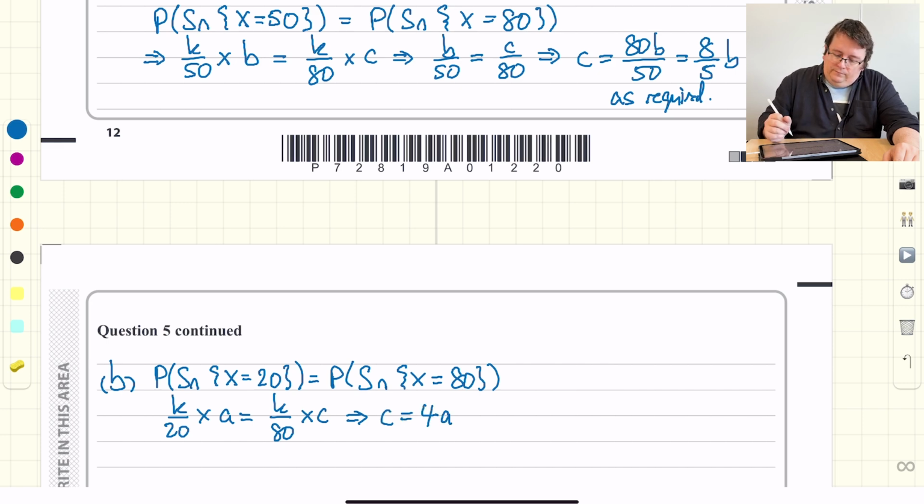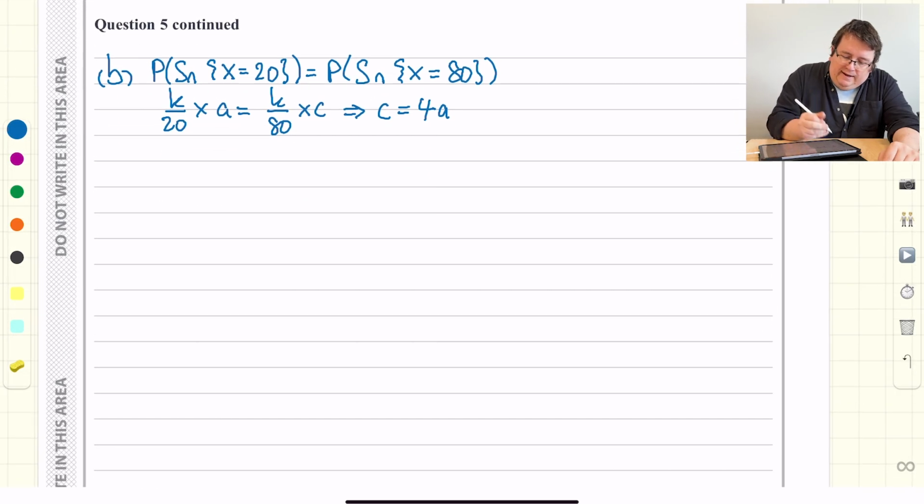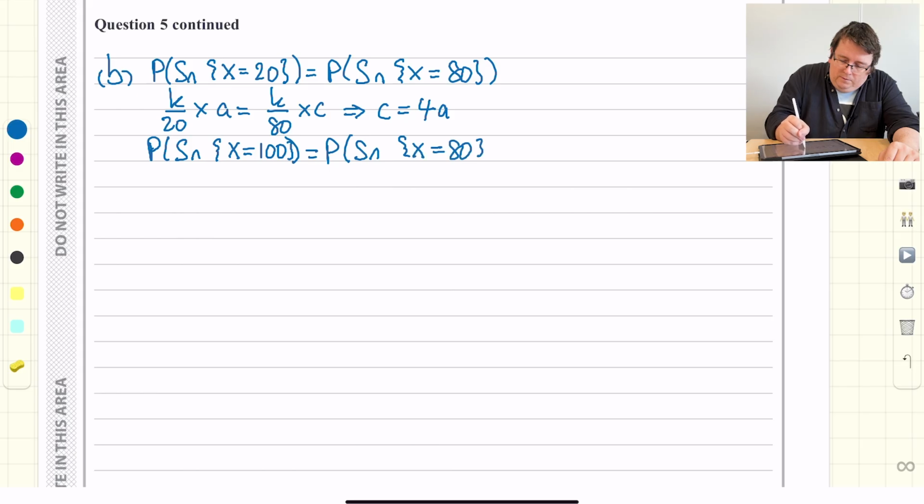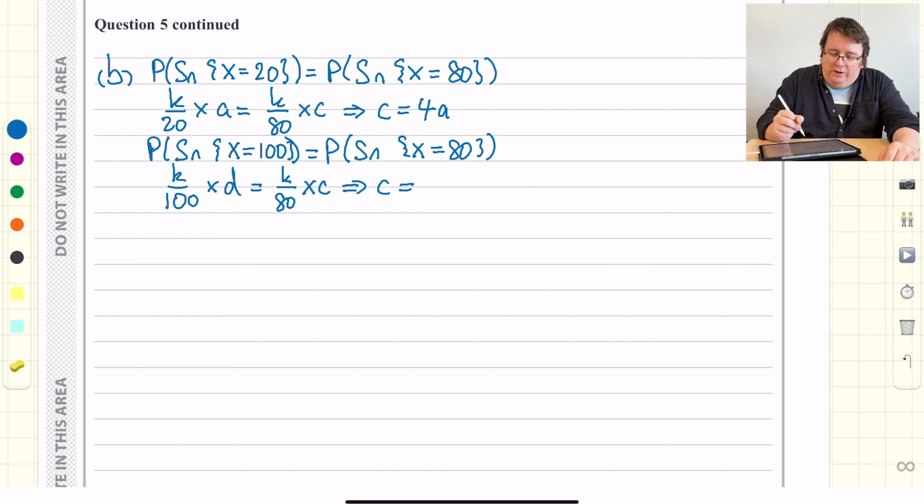Okay? Now, if we use the same technique again, but this time for 100, then we get k over 100 times D is k over 80 times C. So C is equal to 80 over 100, which is 4/5 of D.